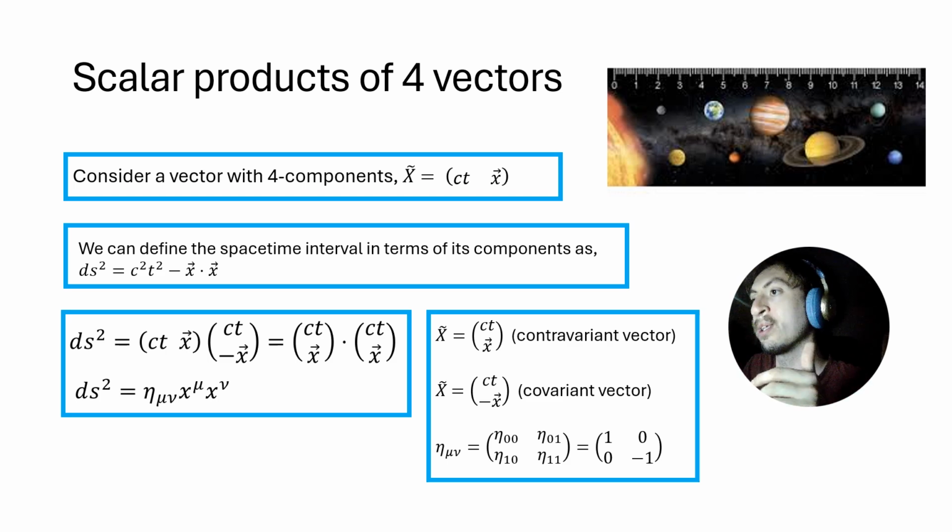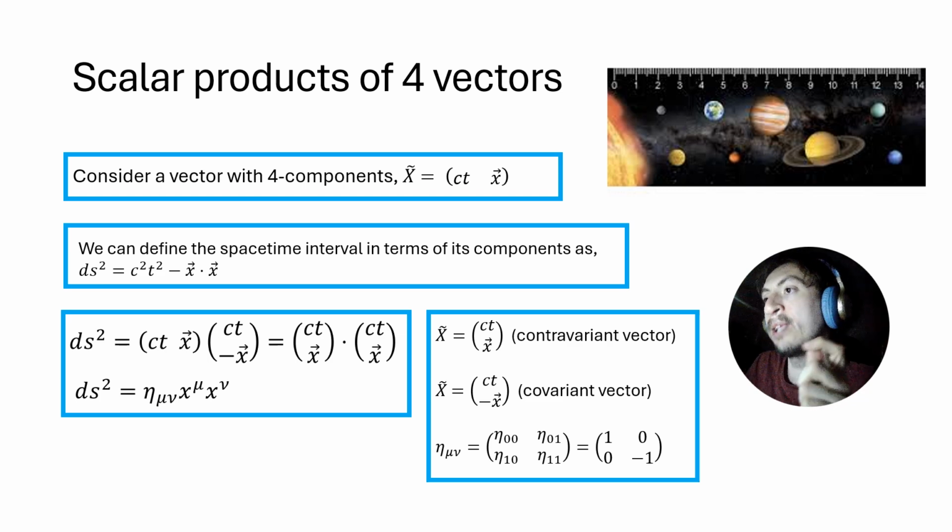But because eta 01 and eta 10, the non-diagonal components of our matrix, are 0, it means that at least for flat space-time we don't get any cross terms, and so we would end up with ds squared is equal to x0 x0 minus x1 x1.